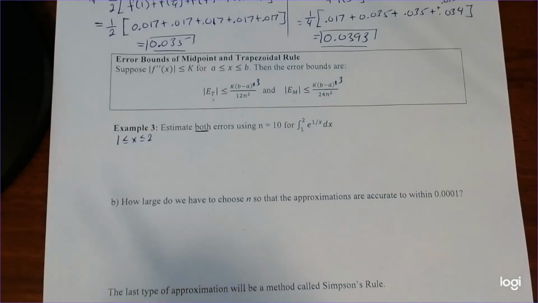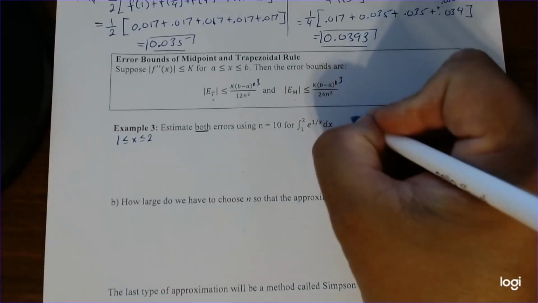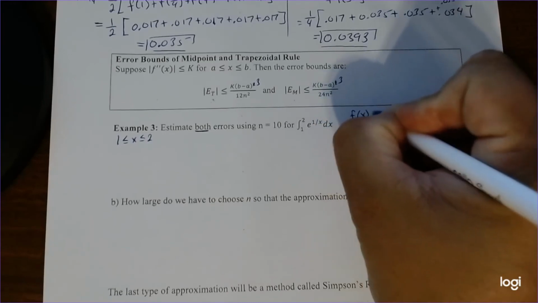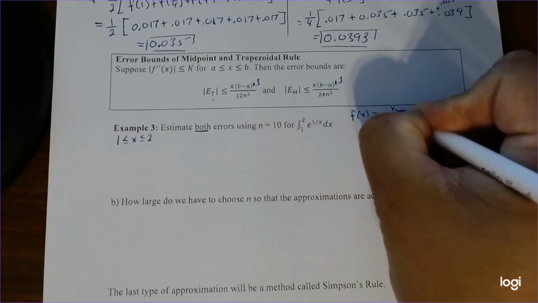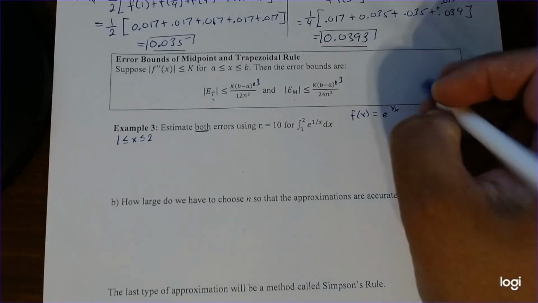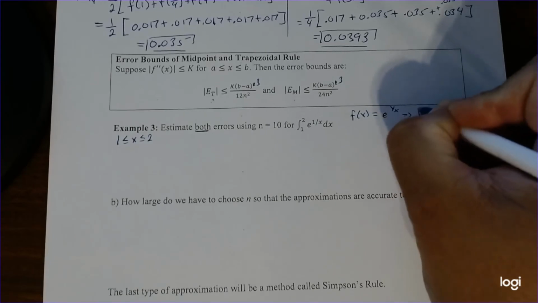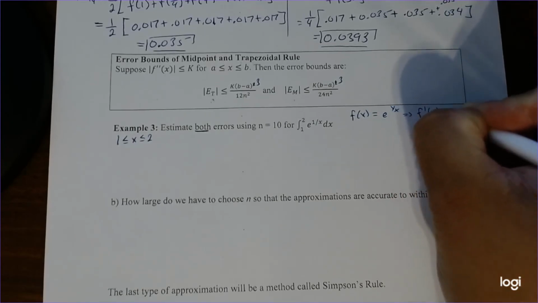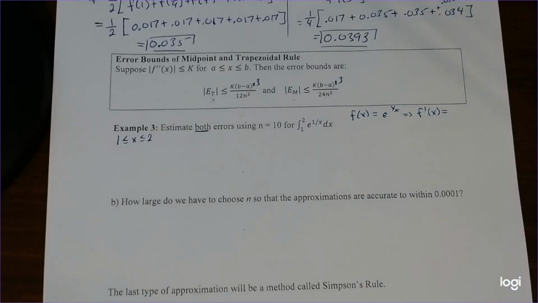Now what we're going to do is find the second derivative. We know our function is e to the 1 over x. So we take the first derivative of that. This is a chain rule one.